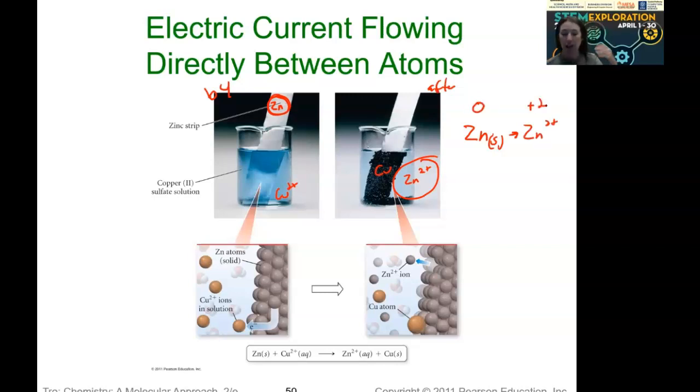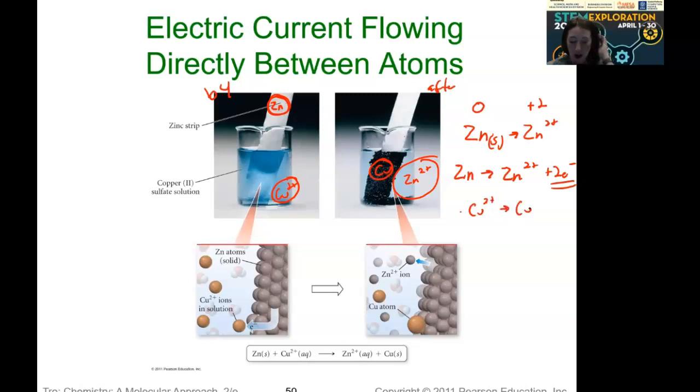So our zinc lost electrons. If we write this as an oxidation reduction, it went from Zn to Zn 2+ plus 2 electrons, right? It lost electrons. If we look at our copper, it was a 2+, and it ended up as copper solid: Cu 2+ to Cu solid.